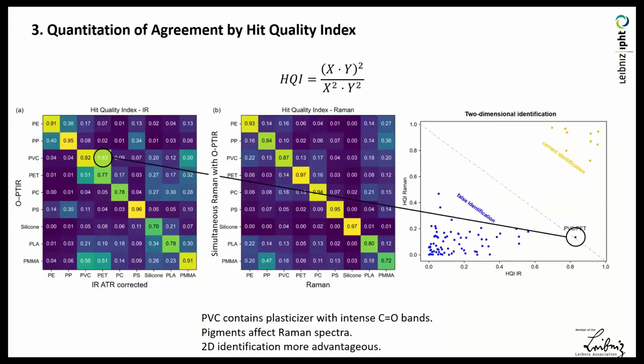Yeah, and in this case, you can use the Raman hit quality index, which is quite low, 0.13 between PVC and PET. In this way, the 2D identification is more advantageous. However, also the Raman spectra can be affected by some distortions.